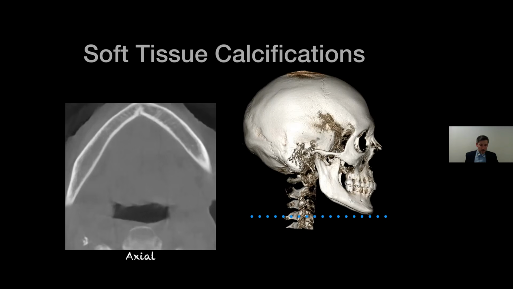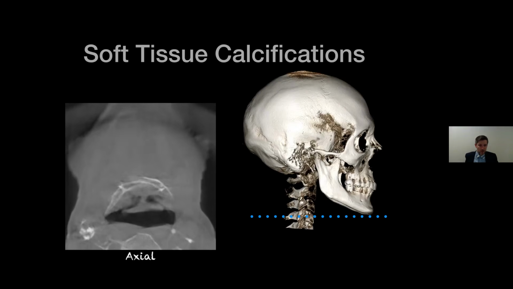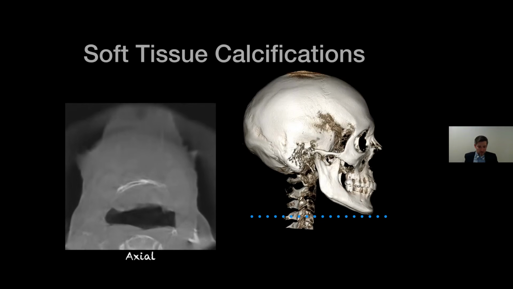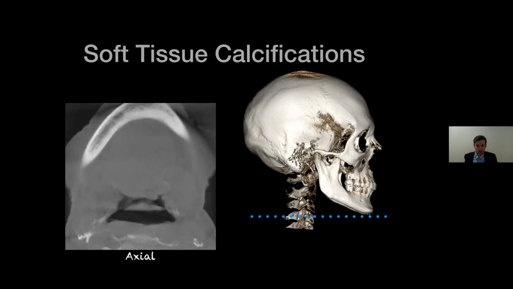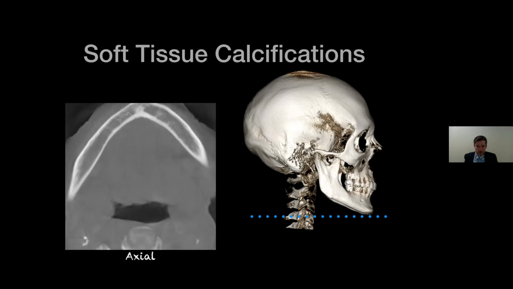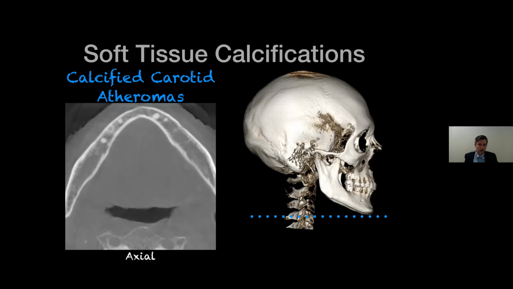These have a round, semicircular shape to them, and they look like rings of calcification at this level. So we're much further down, at the level of C4 of the cervical spine, and these would be calcifications in the arteries.